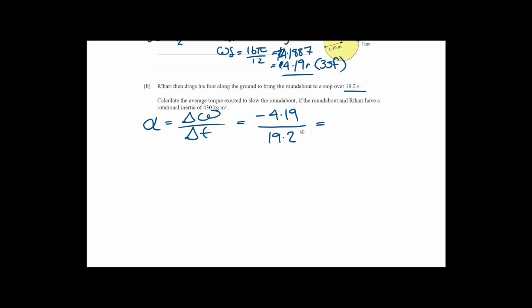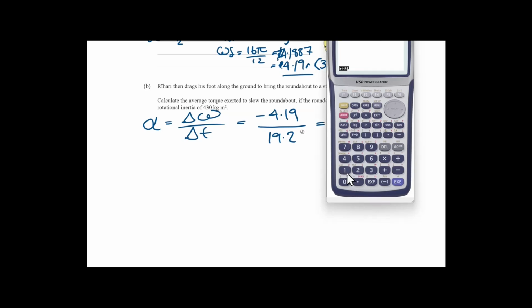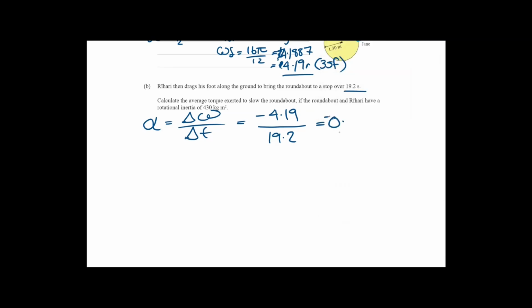So that's going to be 4.19 divided by 19.2 seconds. That number there, negative 0.2182 radians per second squared. And we know that torque is the rotational inertia times the angular acceleration.